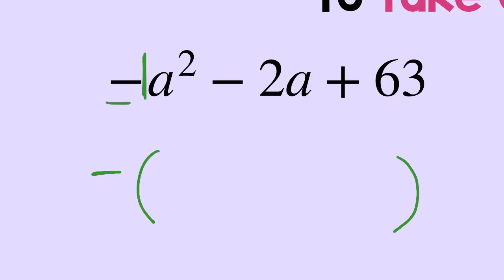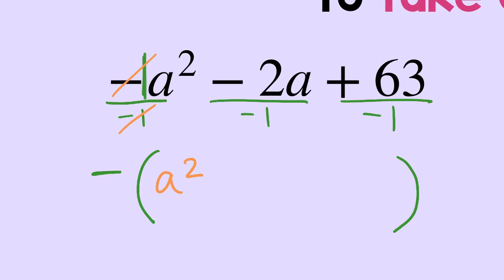And in order to do that, you have to divide all of these terms by -1. And the only thing that's going to do is change the signs of all of these, right? If you divide this by -1, that's just going to become positive a squared. If you divide the middle by -1, that's going to become positive 2a.